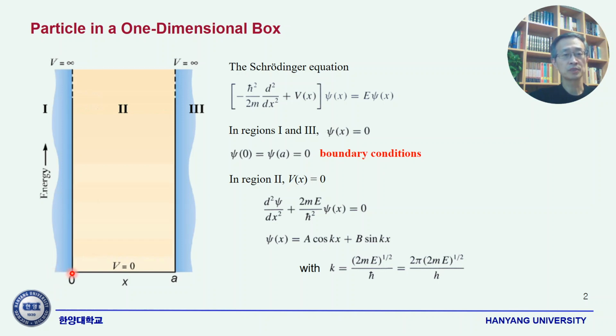So psi of 0 is 0 and psi of a is 0. This is the boundary condition.